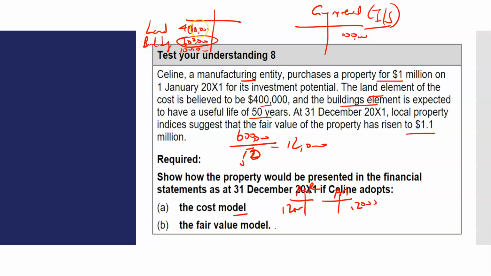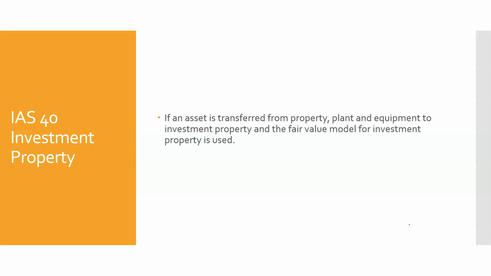My net book value would be 400 plus 600 less the 12,000, because I'm recognizing this using IAS 16. So you're recognizing your accumulated depreciation year on year. That's the difference between the models. You can probably imagine that most organizations will use the fair value model. I mean, we're talking about property now.